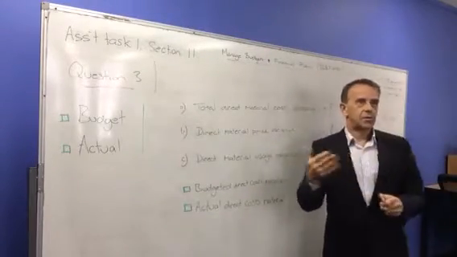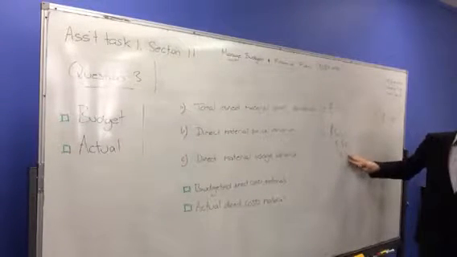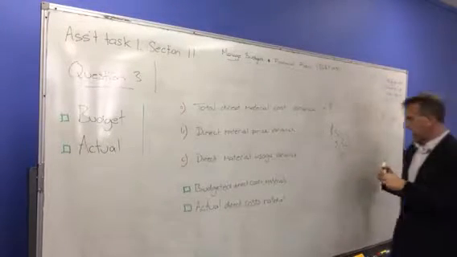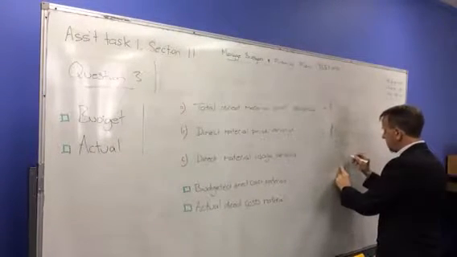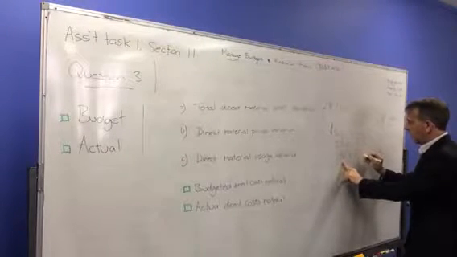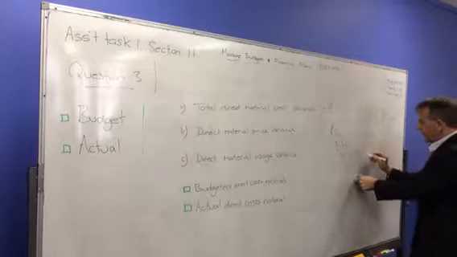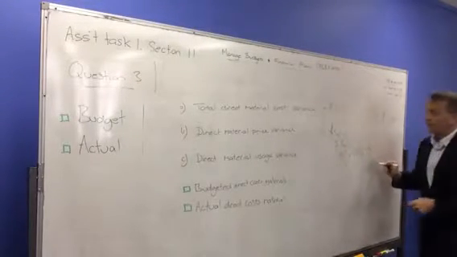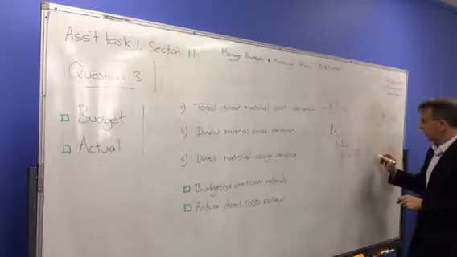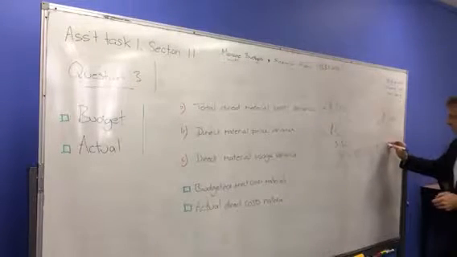In relation to putting the numbers together, how many did we actually produce? 110. So if we multiply the 50 cents by 110, what number do we get? 55. And how many kilos per cake? 2 kilos, so 2 times 55 equals 110.